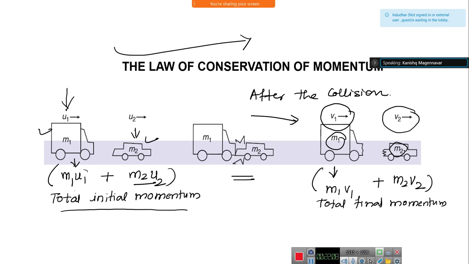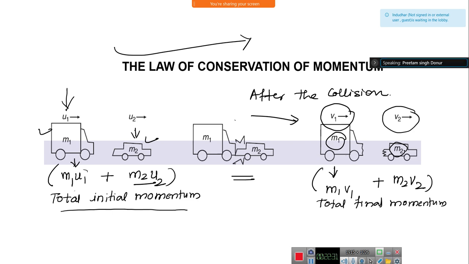Okay. Now tell me what is the law of conservation of momentum? If two bodies collide with each other, then the momentum before collision is always equal to the total momentum after collision.